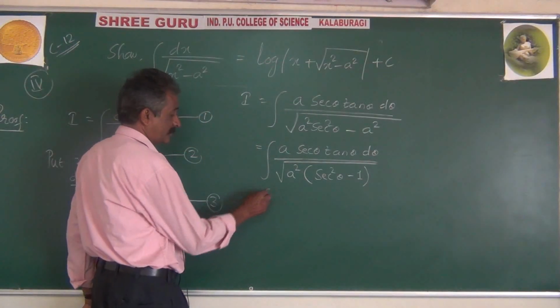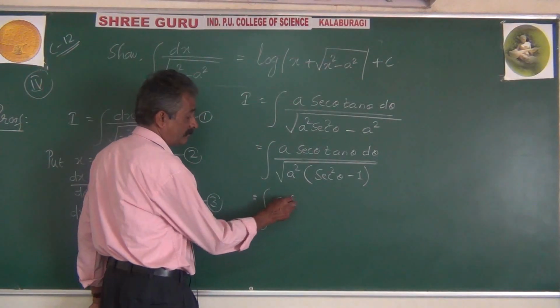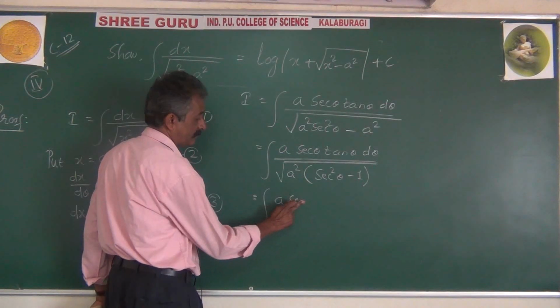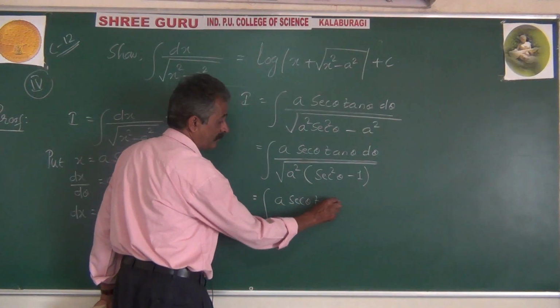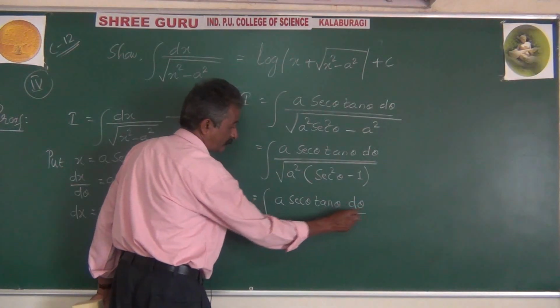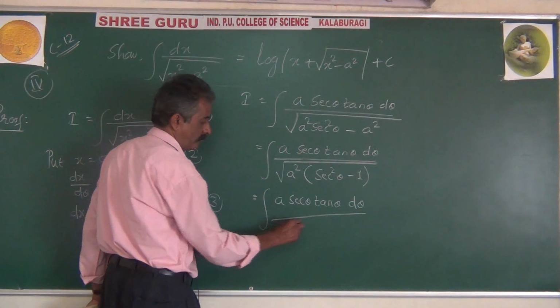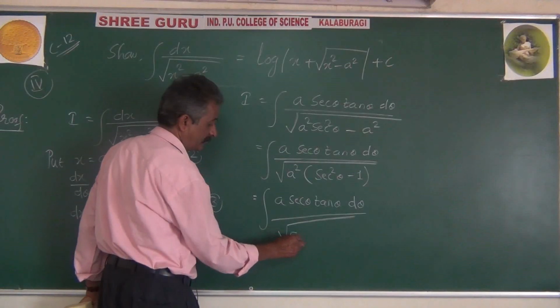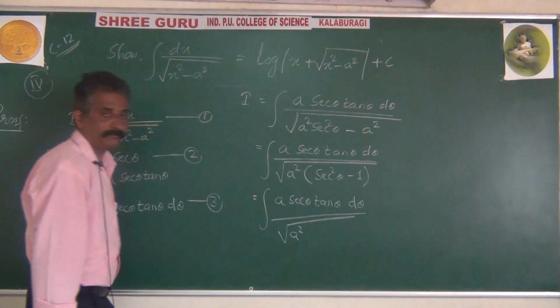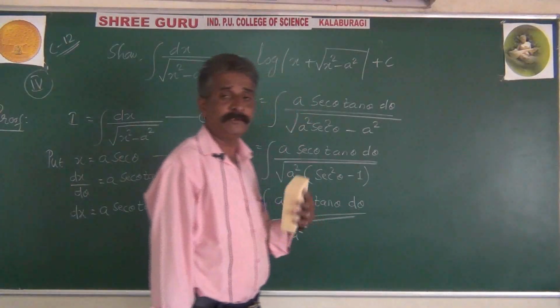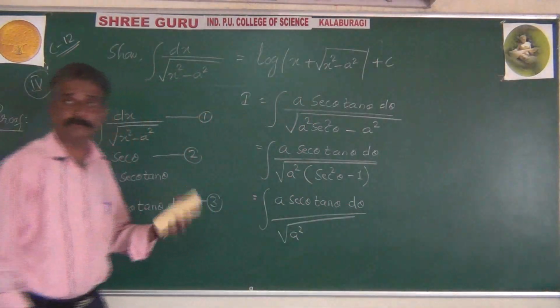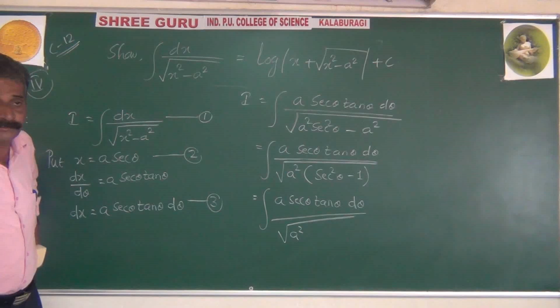That is equal to integration a secant theta tan theta d theta divided by square root of a square in secant square theta minus 1. Formula is how much? Tan square theta, because 1 plus tan square theta is secant square theta.